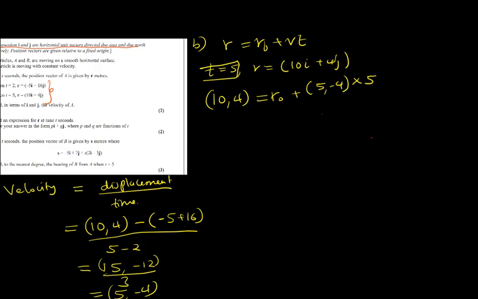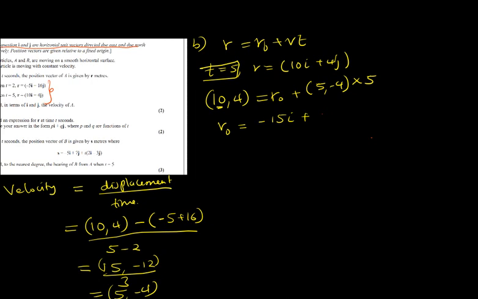Now rearranging everything gives us r naught as 10 minus 25, which is -15i, then plus 4 minus 20, because -4 times 5 is -20.